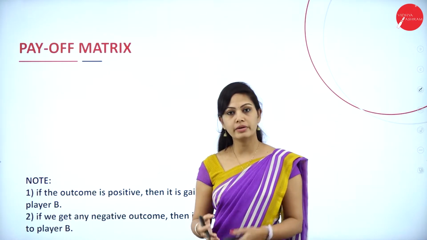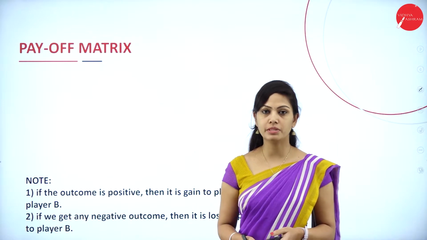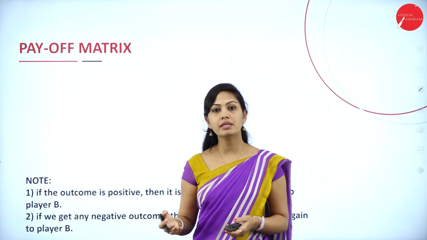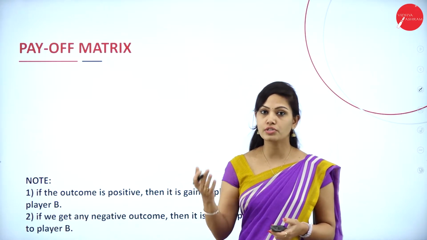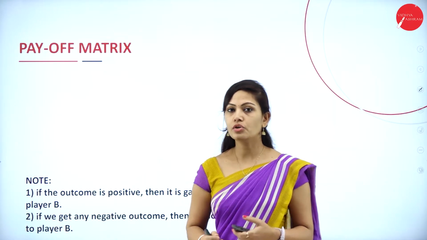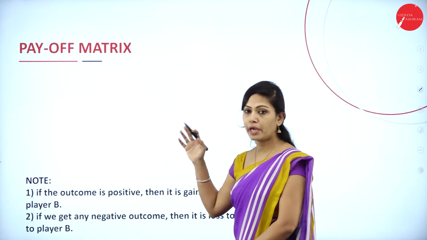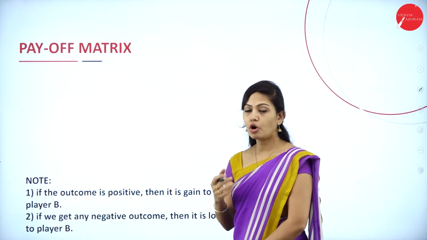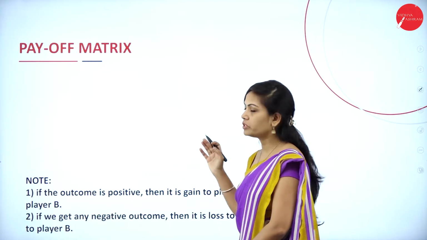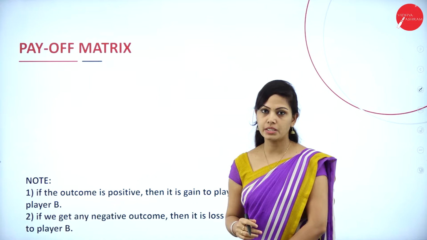Game theory problems can be represented by using matrix method. Example, 2 cross 3 matrix, 3 cross 3 matrix or 3 cross 2 matrix, etc. So, how to represent this game theory problem in matrix method.